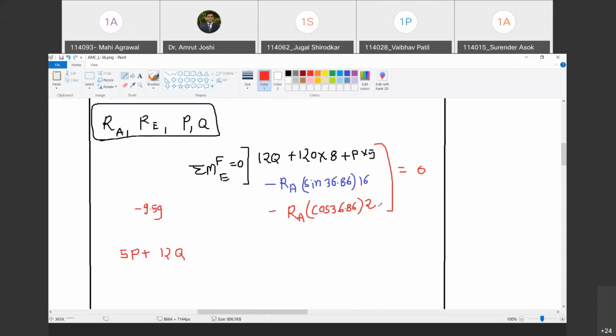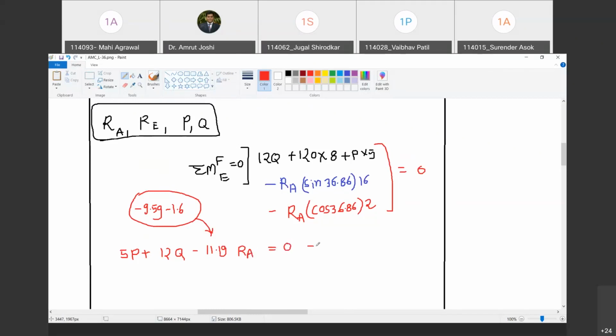And what is 2 cos 36.86? Minus 1.6. So can you sum this up? Minus 9.59 and minus 1.6. Minus 11.19. So minus 11.19 into RA. Happy? Yes, sir. This has to be equal to 0.